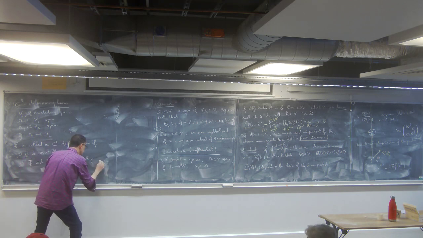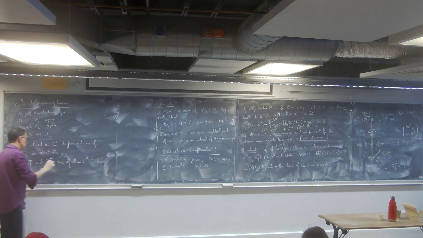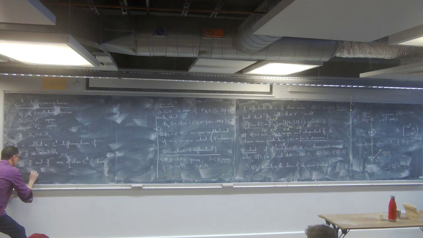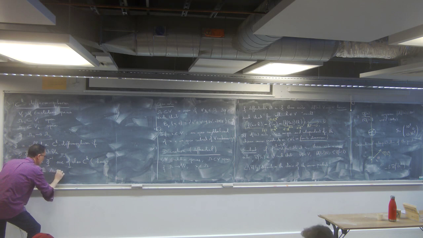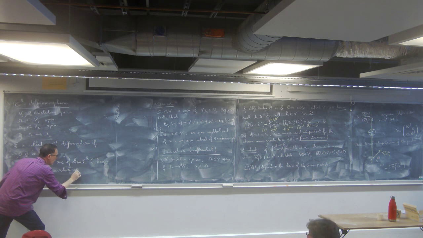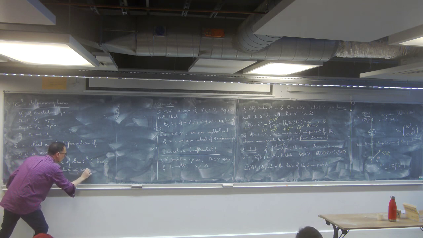Class C^k means that you have continuous derivatives up to order k.